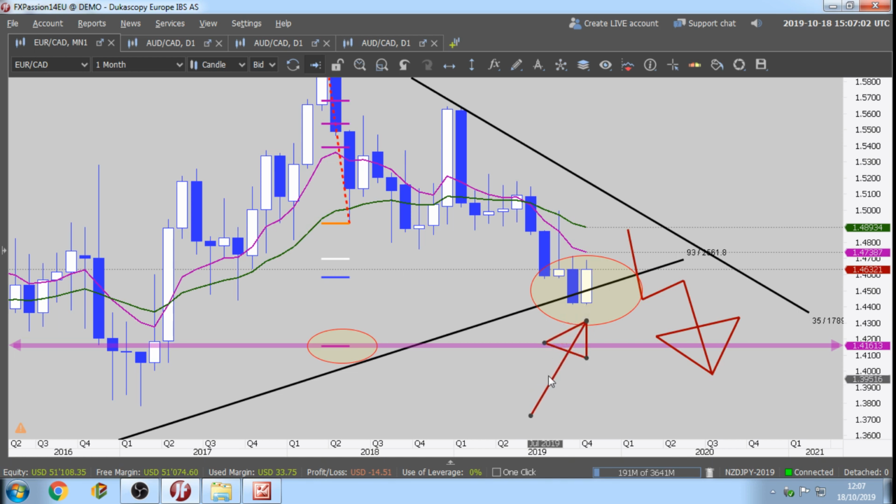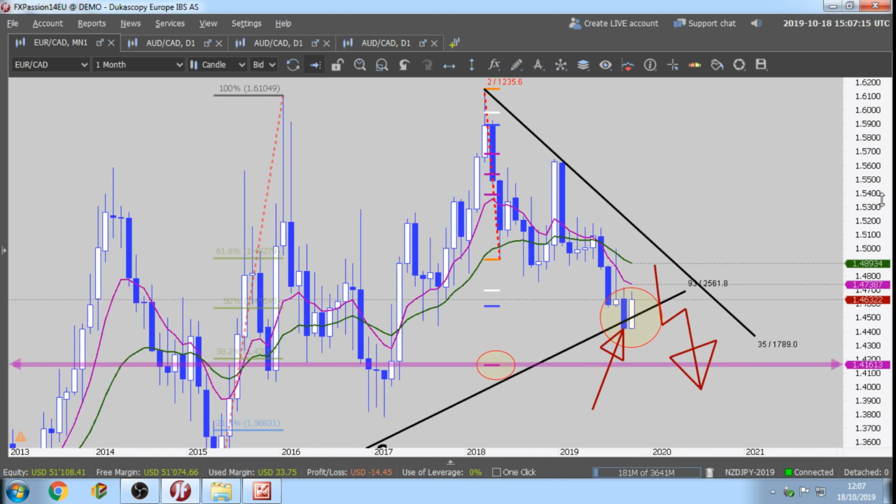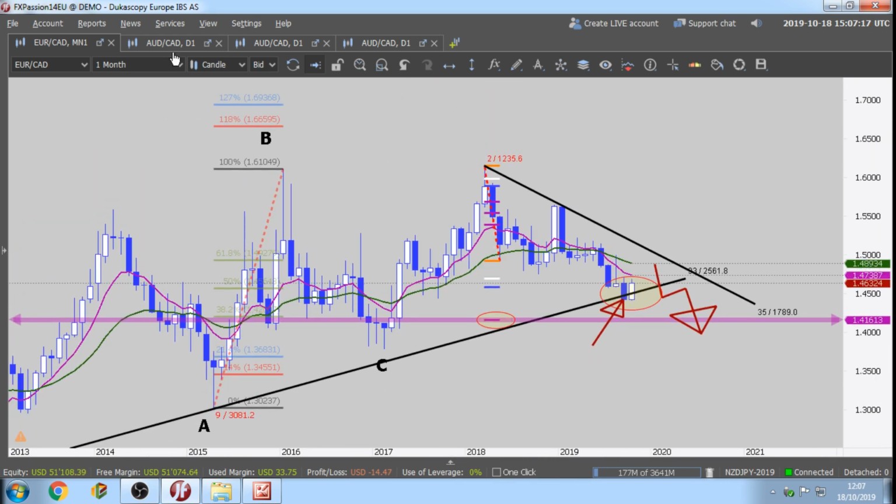If you want to go short, no problem, just be careful of this one. Silas says long. Okay, so we don't have anything here to adjust. This is the EuroCAD monthly chart.